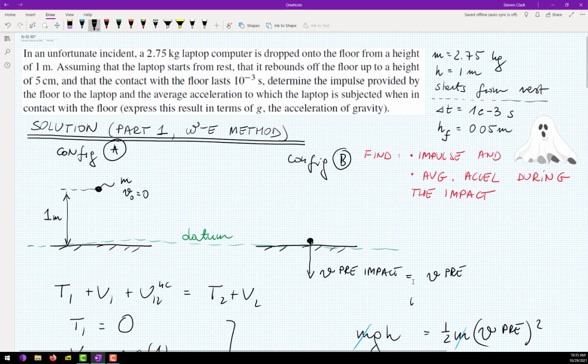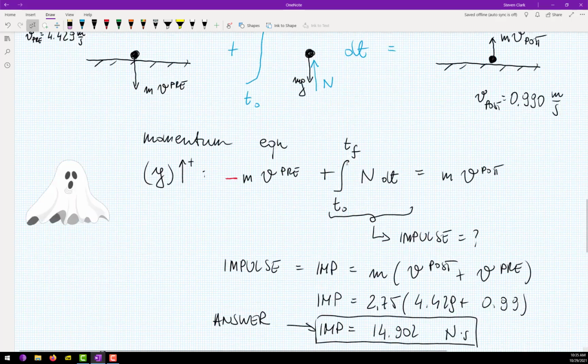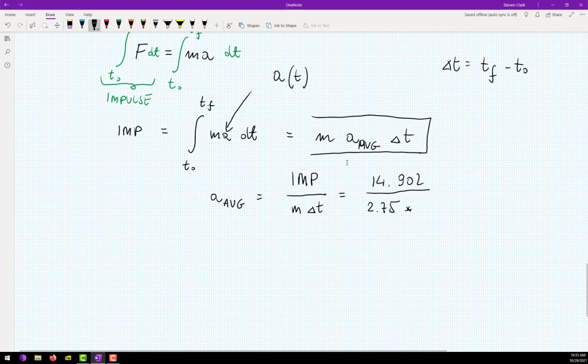If I scroll up, we can see that the contact lasts 10 to minus 3 seconds. Let's plug it in. Grab your calculators and obtain triumphantly that this is approximately 5.419 meters per second squared.